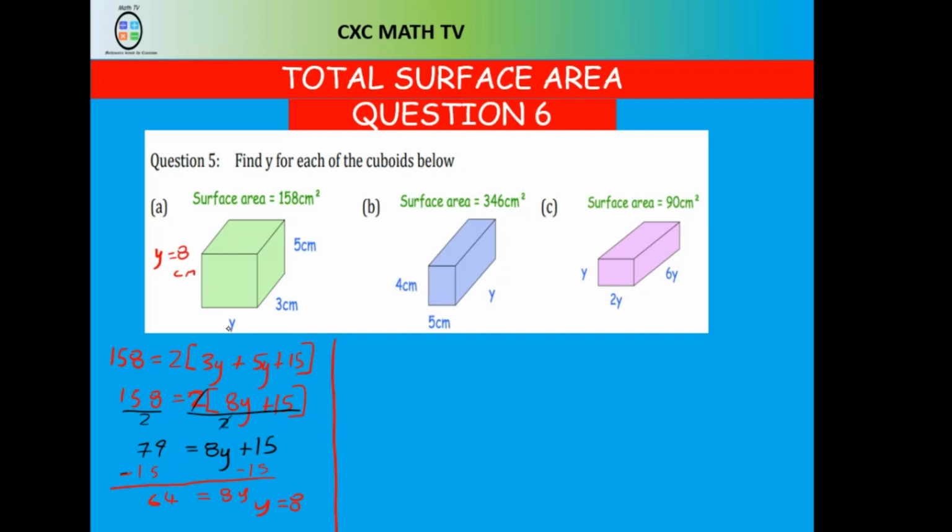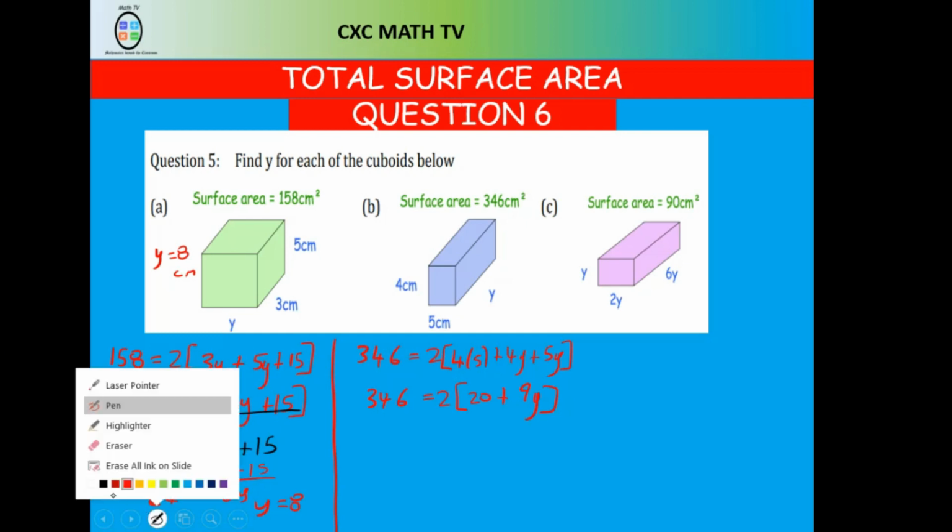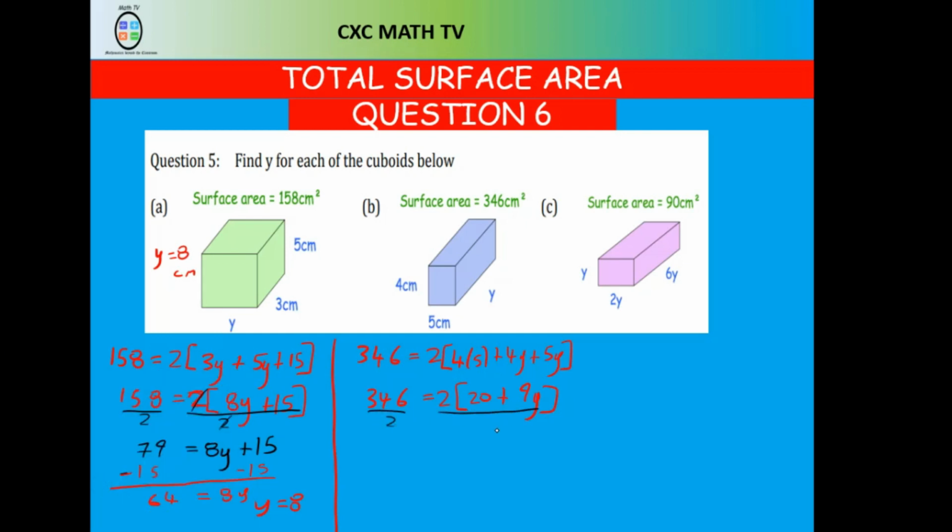What about part B? Pause the video and go again to part B now. In doing part B, you start by saying 346 is equal to 2 times in bracket, 4 times 5, plus 4 times y, plus 5 times y. So this works out to be 346 equals 2 in bracket, 20 plus 4y and 5y is 9y. Divide both sides by 2, and we get 173 equals 20 plus 9y.